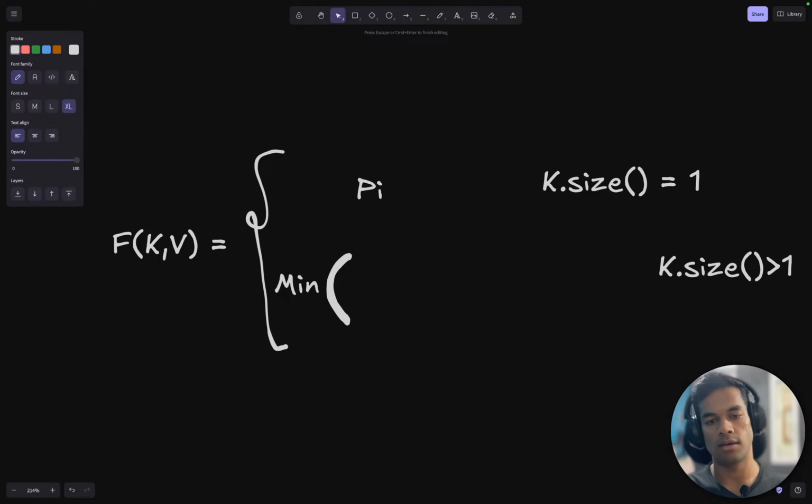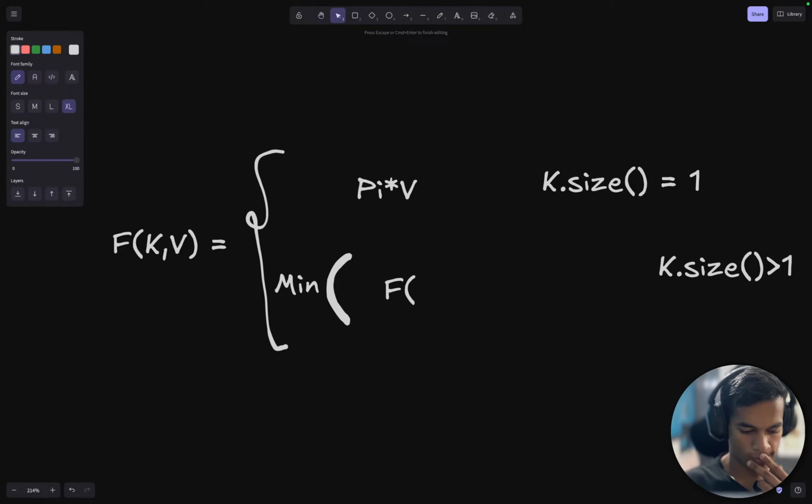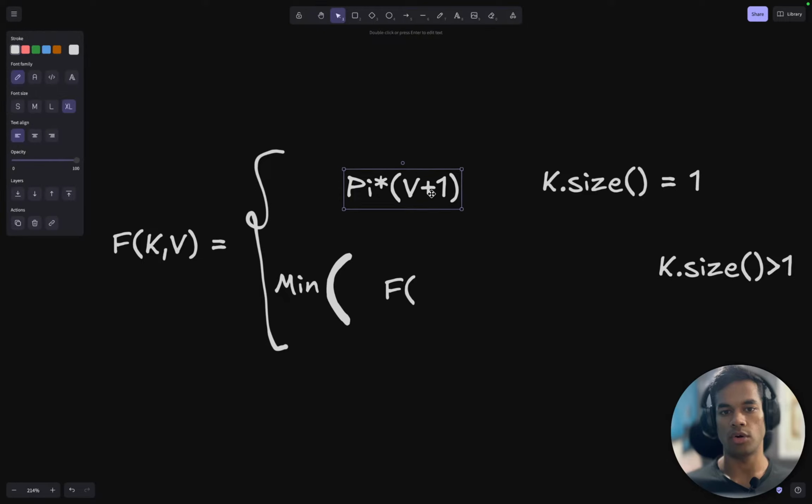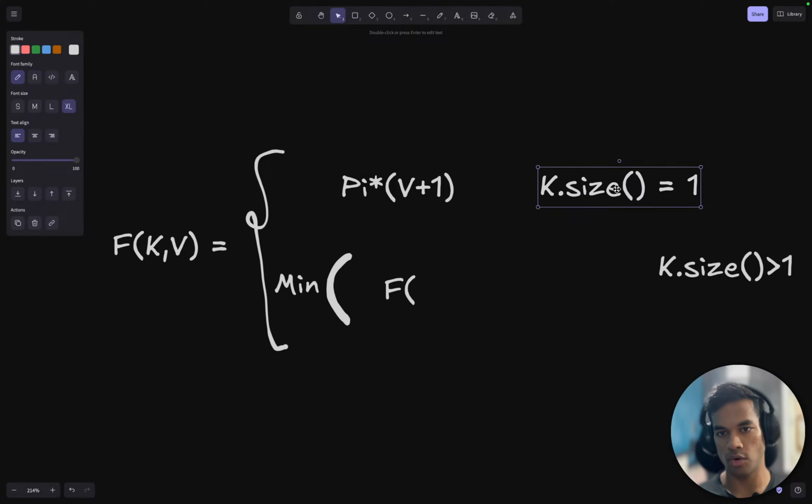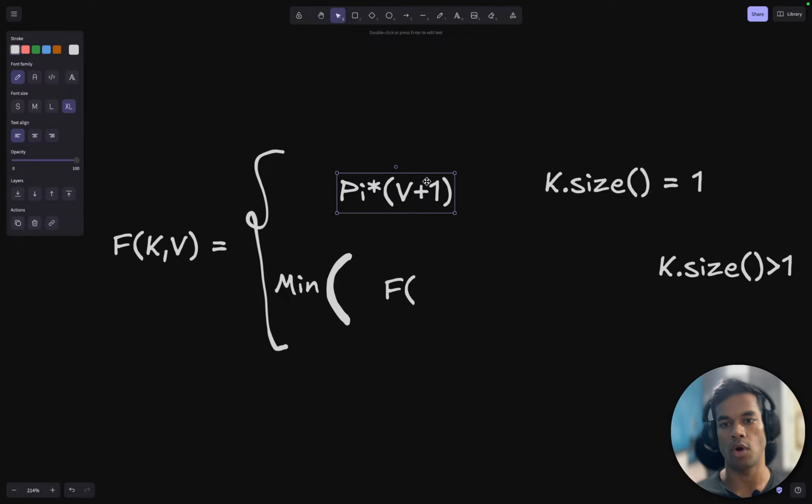So call f on, and since it is taking v, so pi into v plus 1, because v is the count of how many nodes are there above this current singular node in k, and plus 1 because we have to go to the kth node also.